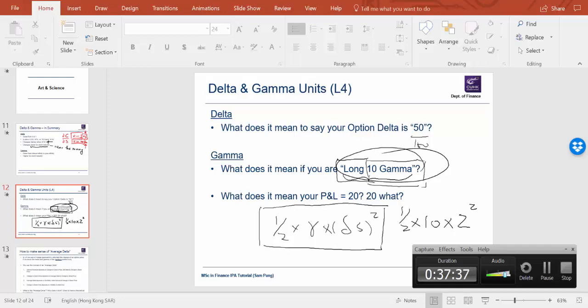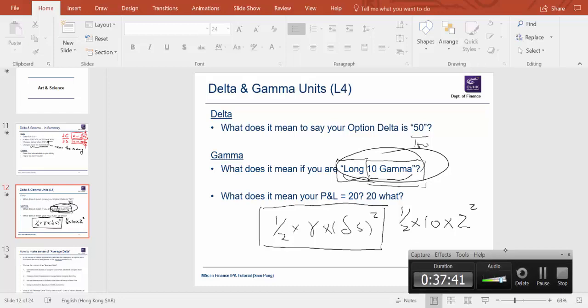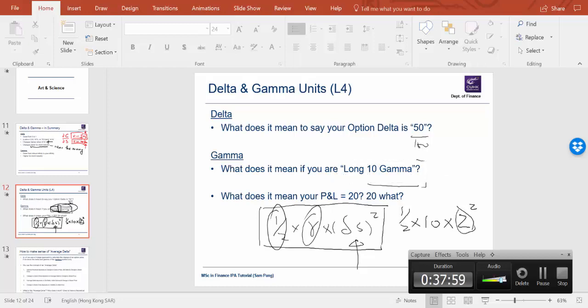So you just plug in these parameters the way I have described to you. A half is a half. What is this? This is the long 10. What is that? That is the price change. We'll come back to that later on, but I just want to let you know now, because some of you were asking me what long 10 gamma means. It sounds like I'm talking about bananas and apples and oranges. So this is a dollar measure, in other words.